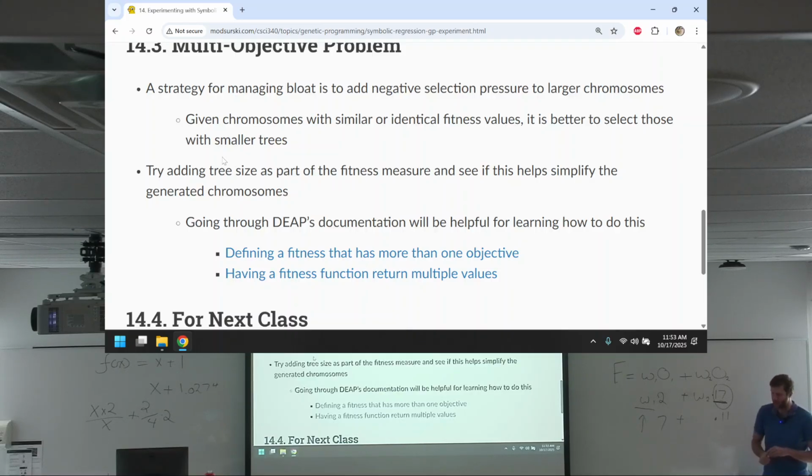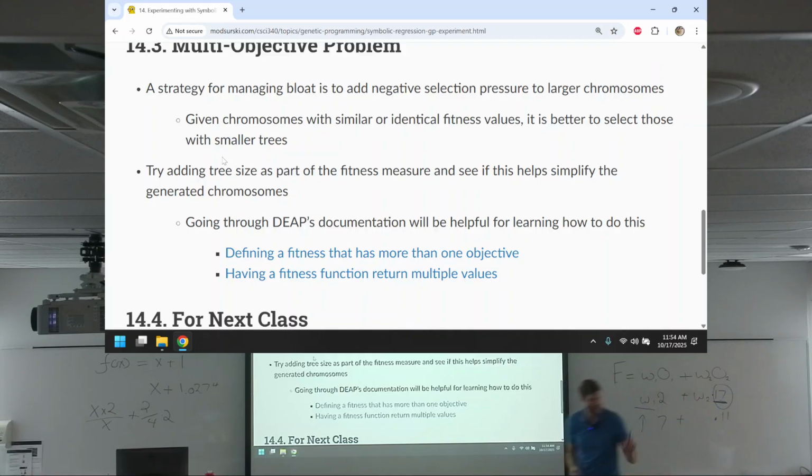I would say, if all things being reasonably equal, pick the smaller tree. That's how I want to make my decision. I don't want to say, that's a smaller tree, pick it, without asking whether its mean squared error was way worse. I'd rather have something that fits the data better and is big than something that's small and doesn't fit the data at all. So when you're dealing with multi-objective and you're doing a weighted sum, you have to think about what the weights are going to be.